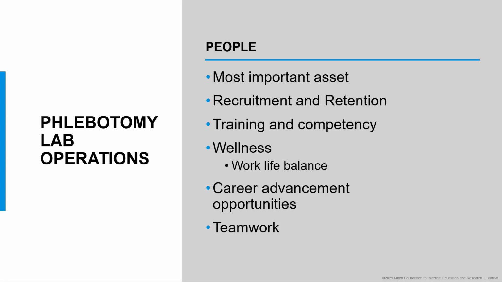It can be monthly, quarterly, yearly. You want to make sure that you have a system to assess the competency of your staff, to make sure that they are still performing to the level of the work that is available. We also shouldn't forget about the wellness of the staff.